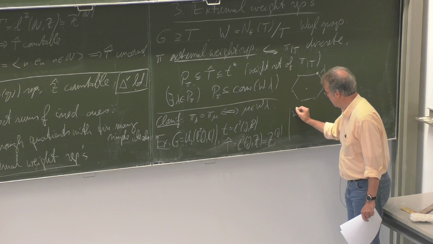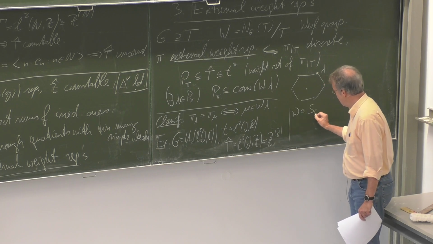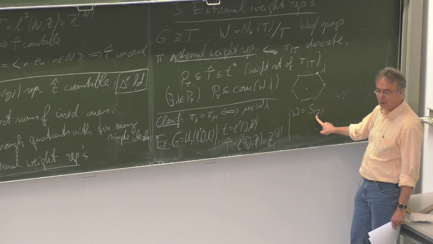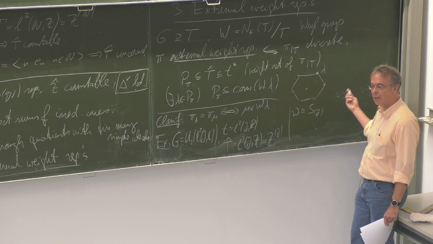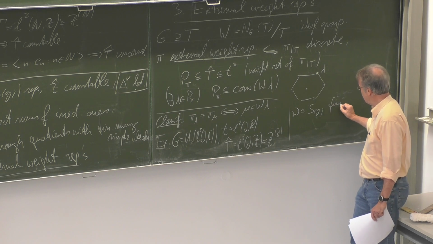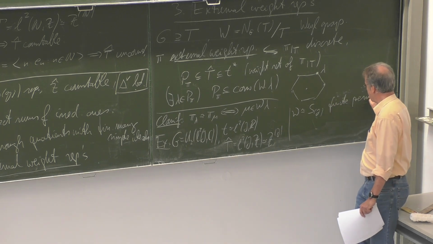And then the Weyl group here is isomorphic to the symmetric group of finite permutations. So not the full group of bijections. So this is only the finite permutations.